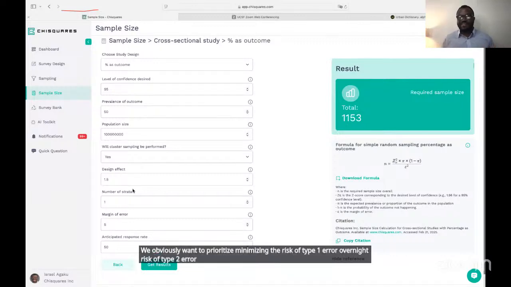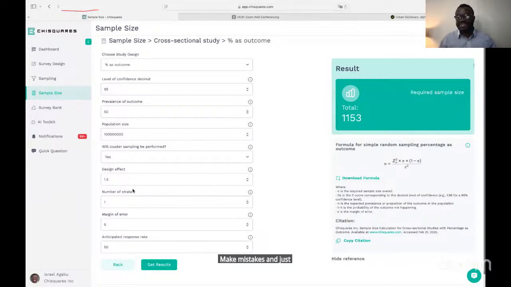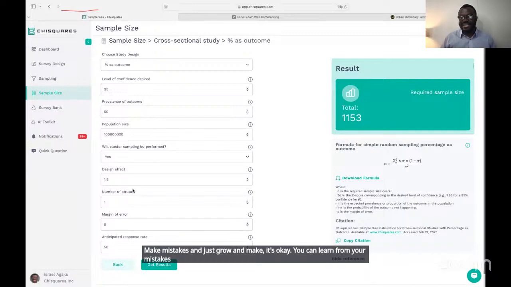But if it's a business environment, let's say entrepreneurship, we encourage entrepreneurs to try and fail, right? Go out there like a type 1, like an alpha, and make mistakes and just grow, and it's okay. You can learn from your mistakes. In that kind of context, we are saying we prefer you making a type 1 error than just hiding in timidity and saying, oh, I don't want to try anything, I'm afraid I'm going to fail.